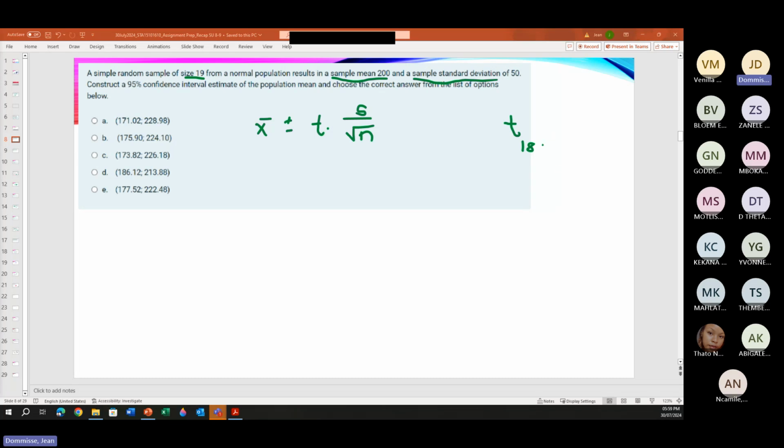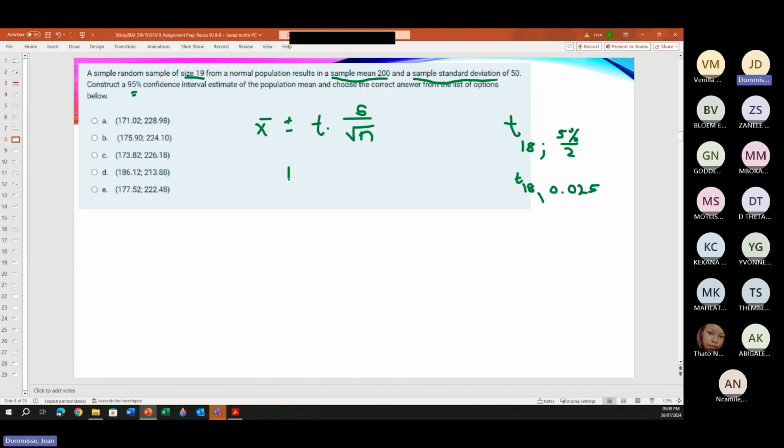And then again, we sit with a 95% confidence interval. So that is 100 minus 95 is 5%, divided by 2. So again we sit with degrees of freedom and 0.025. Okay, so let's see.